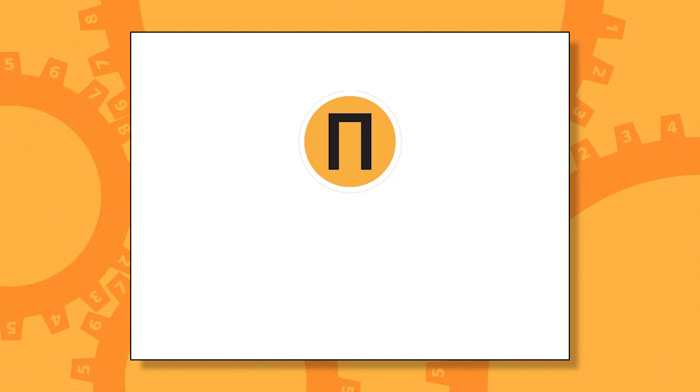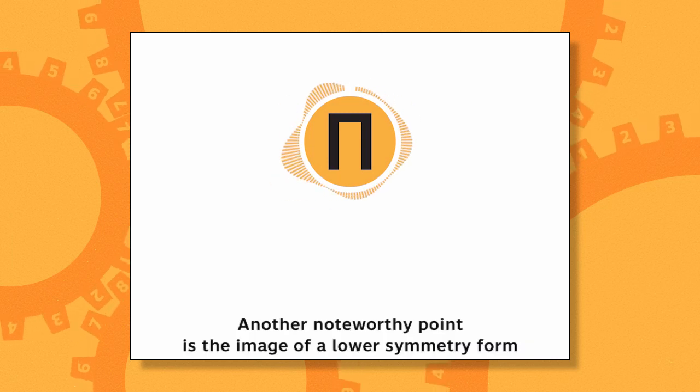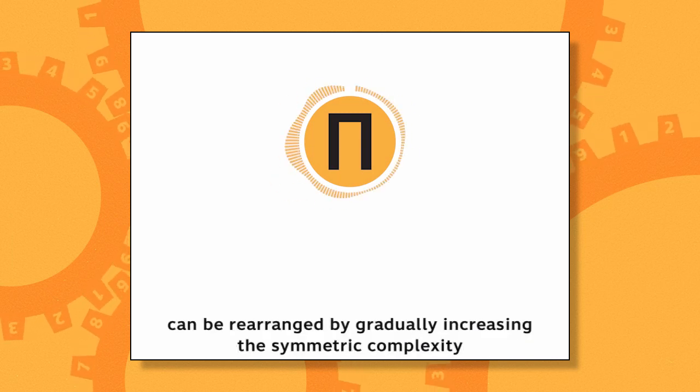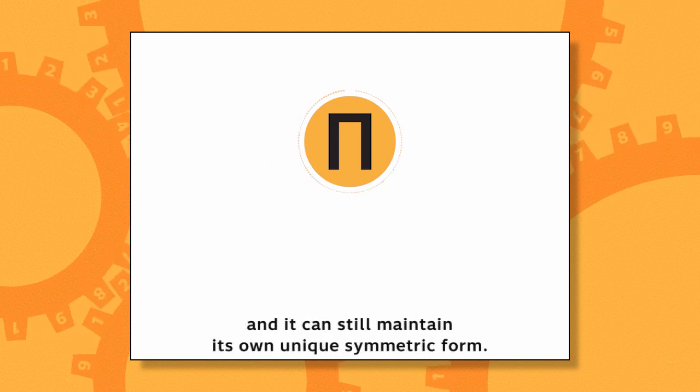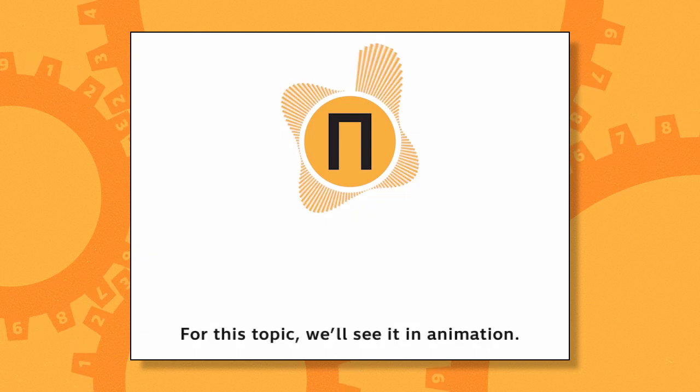Back to symmetry. Another noteworthy point is the image of a lower symmetry form can be rearranged by gradually increasing the symmetric complexity, and it can still maintain its own unique symmetric form. For this topic, we'll see it in animation.